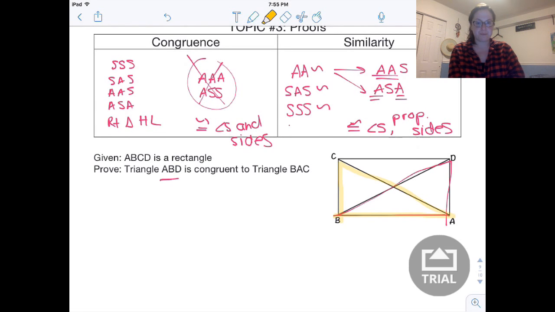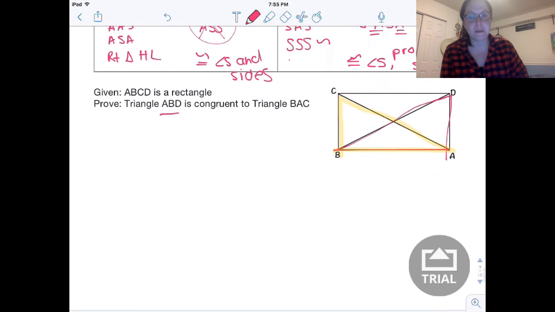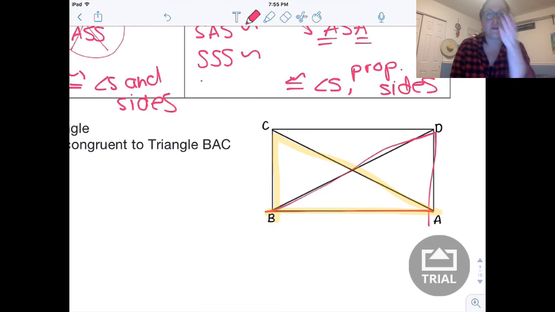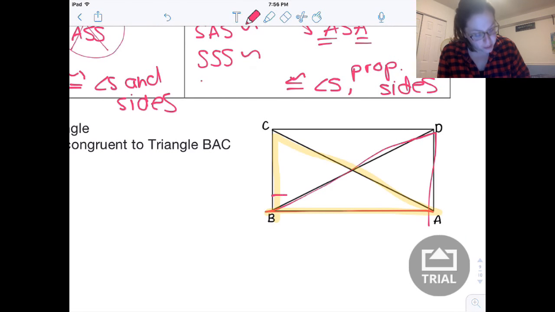So I am going to look at those and say, okay, what do I know? Well, they give me that this is a rectangle, so that's probably going to be important. So I know that this angle and this angle are right angles. So those have to be congruent, okay?